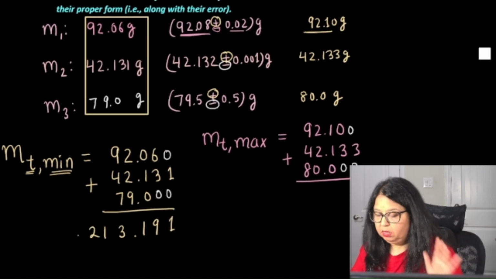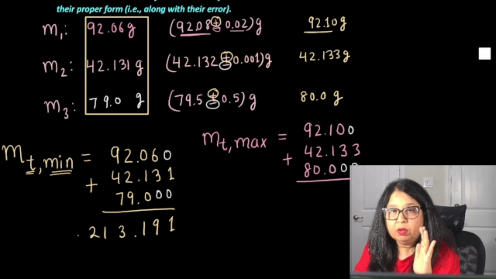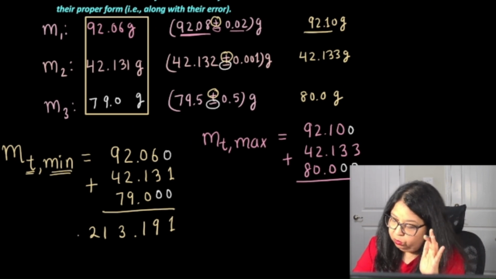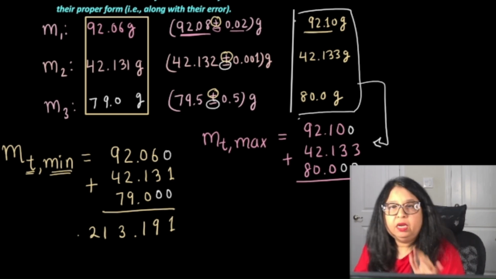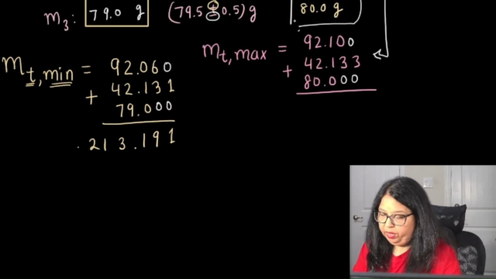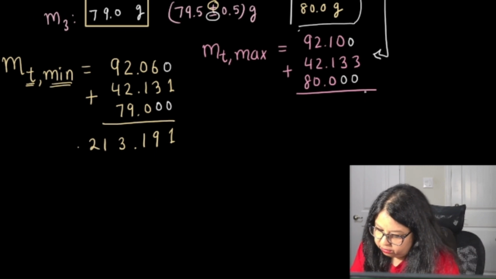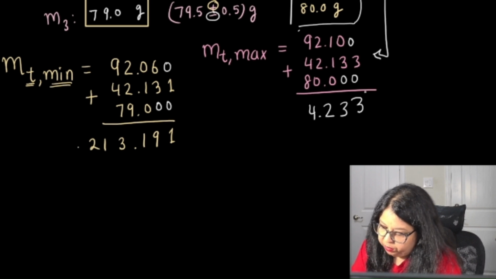To find the maximum value of the combined mass, we're going to add these three values over here. Let's see what we get. We get here 3, 3, 2, 4. 8 plus 4 is 12. 12 plus 9 is 21.